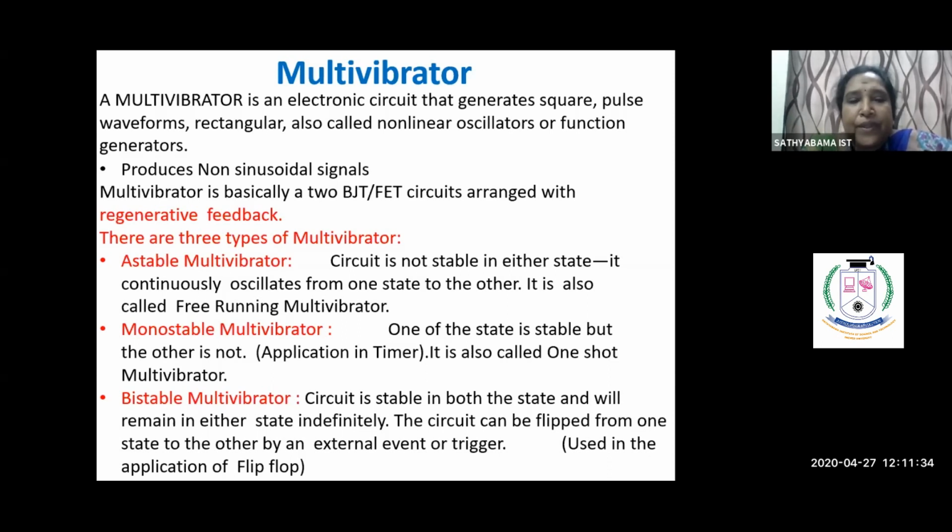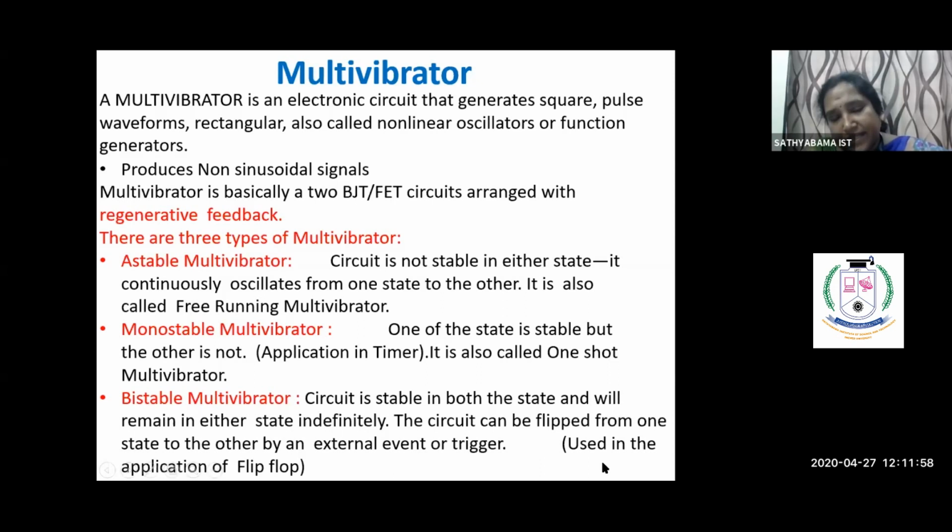Quasi means it won't stay in that particular state; immediately it comes to the next state. That is not a stable state, that's why we call it a quasi-stable state. Based on this definition, it is called the one-shot multivibrator. In timer circuits, we can use this monostable multivibrator.